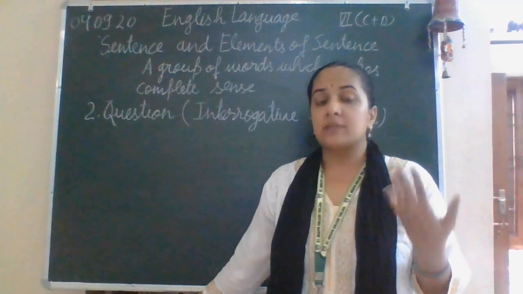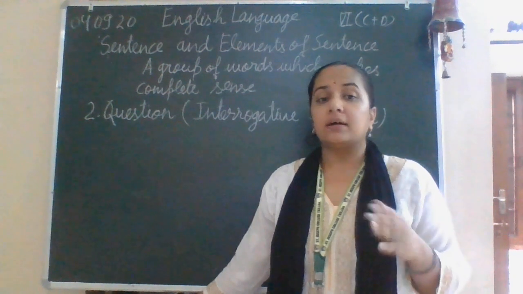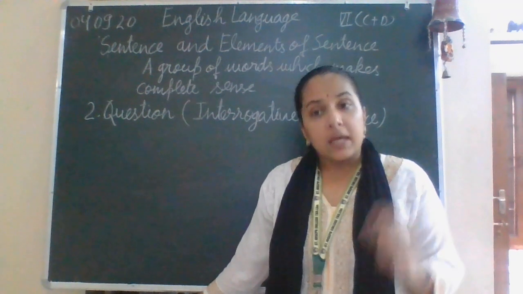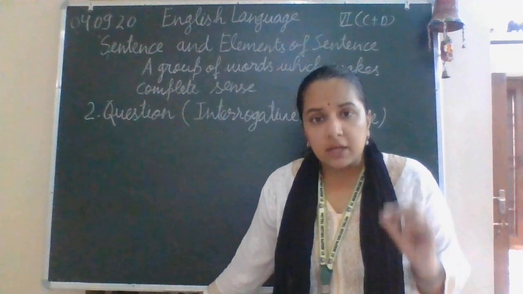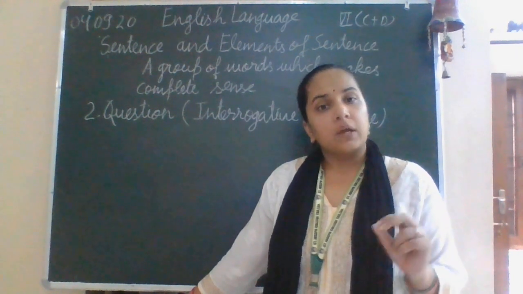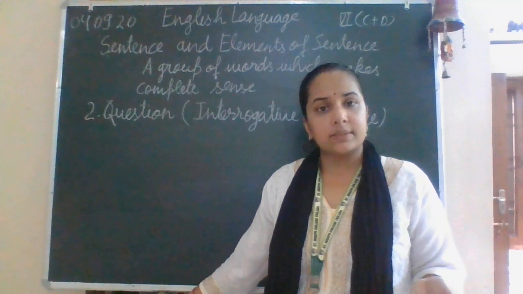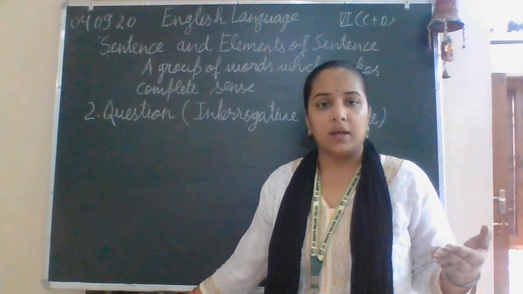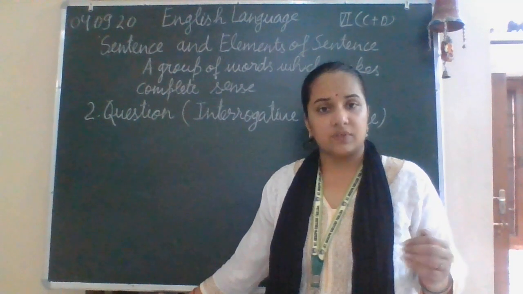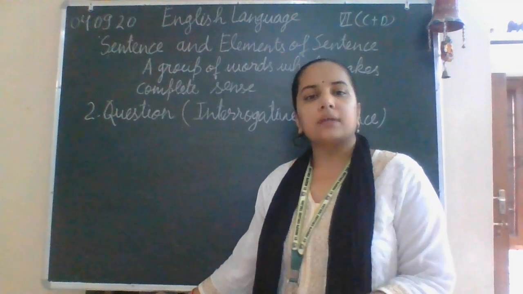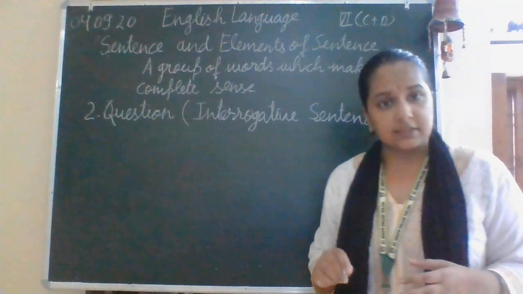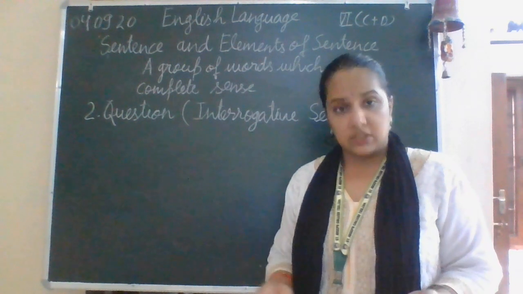The one that starts with the question word, and the other one which starts with the helping verb. So, if an interrogative sentence or a question is starting with a question word, what are the question words? What, why, where, when, whom, how, all these are the question words. So if a sentence is starting with any of these words, we can easily identify that it is an interrogative sentence.